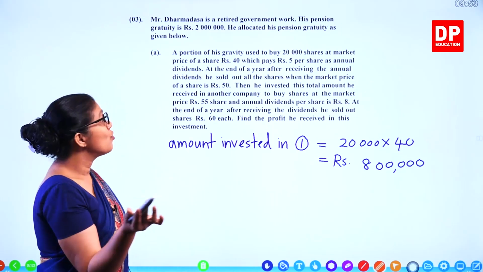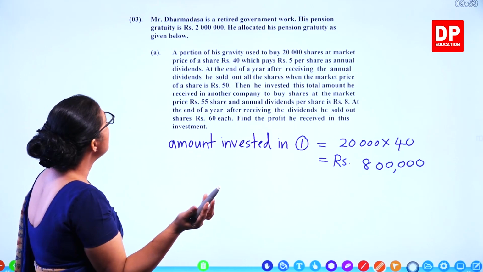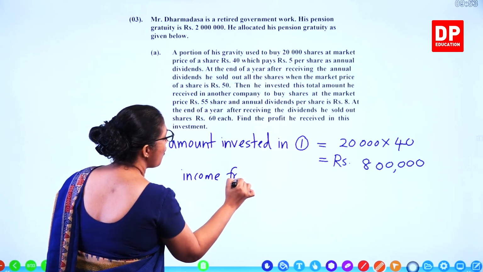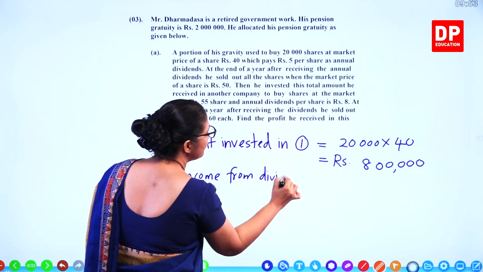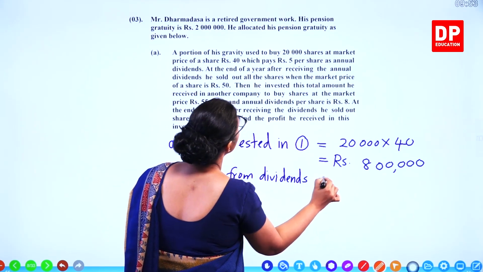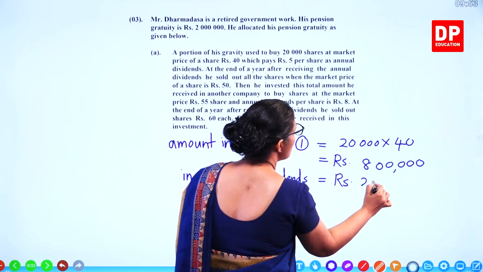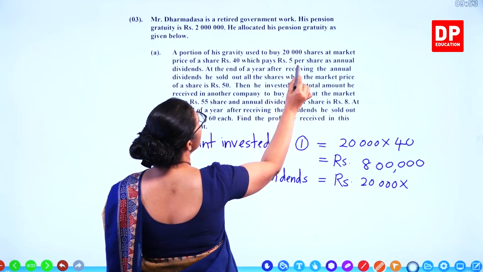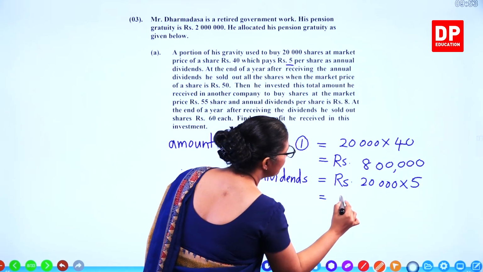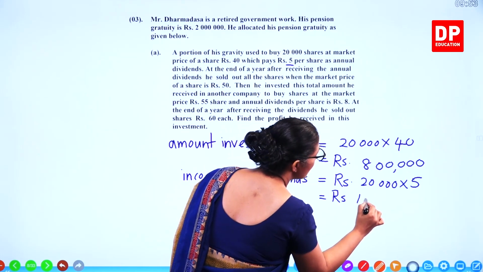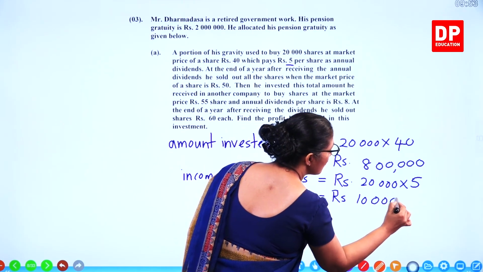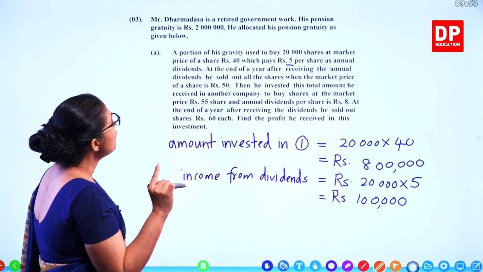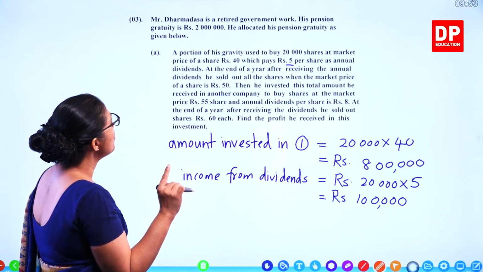Then at the end of the year, the income from dividends. So what's the income from dividends? 20,000 shares, each one 5 rupees. So 100,000 rupees.